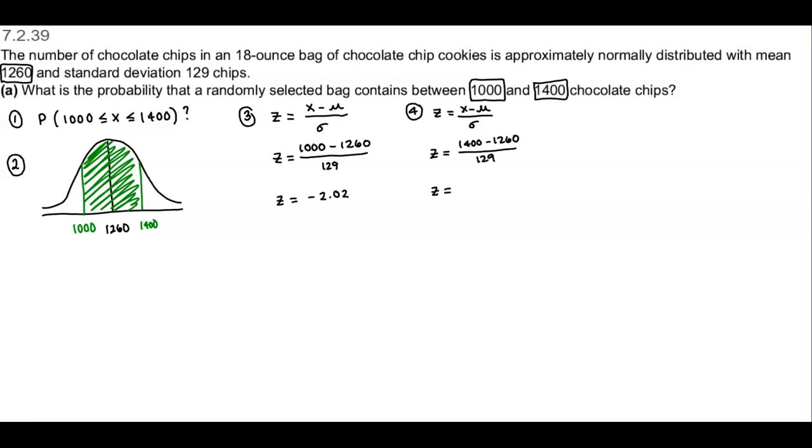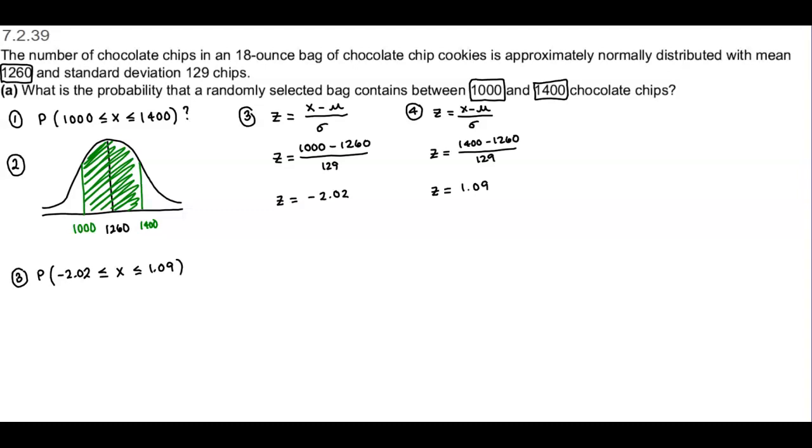Rounding to 2 decimal places, z is going to equal 1.09. So now this probability becomes negative 2.02 less than or equal to x, which is less than or equal to 1.09.